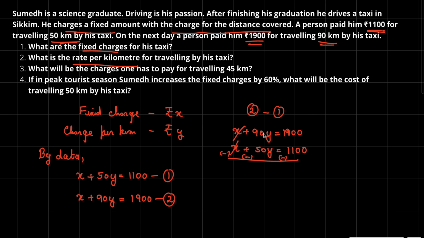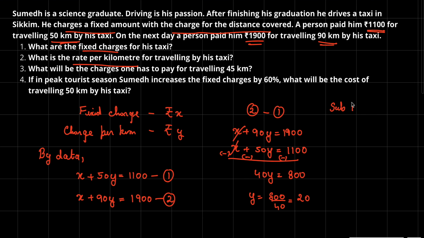X minus X cancels, 90Y minus 50Y, that is 40Y. 1900 minus 1100, that is 800. So Y will be equal to 800 divided by 40, which is 20. Substitute the value of Y in equation 1.